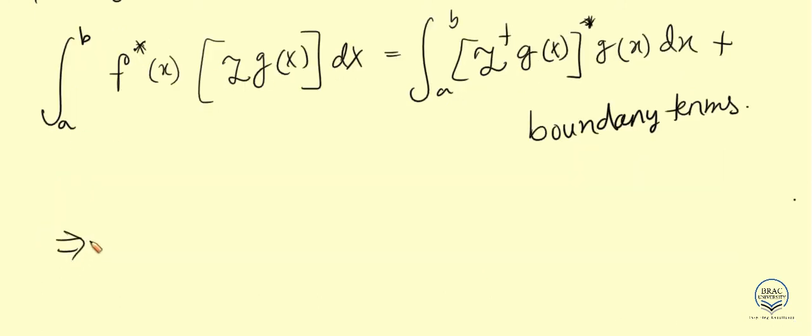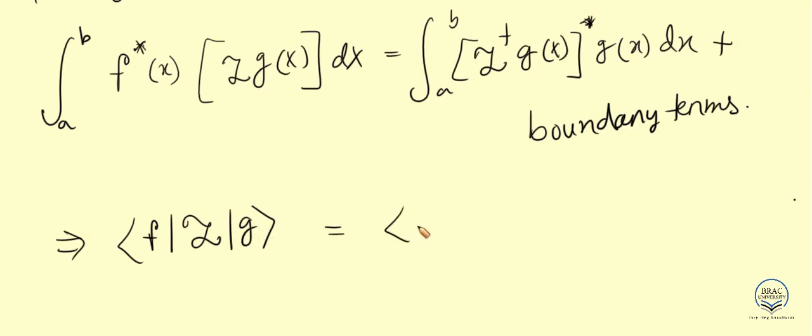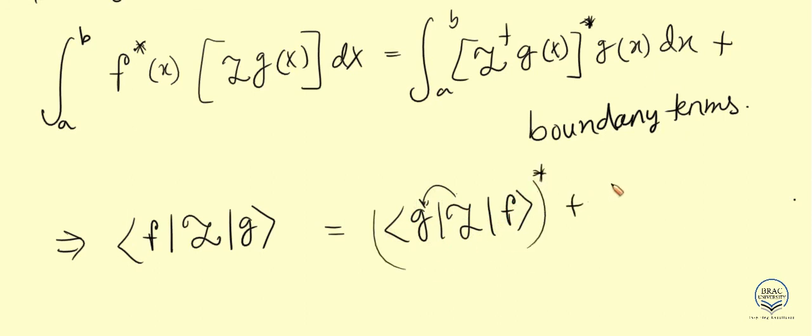So if you write them in the bracket notation, this will just be, not straight L, the calligraphic L, G, like this, and this will be just G, L F, where this will now act on G rather than acting on F, and this is understood, and this whole thing complex conjugated plus the boundary terms.